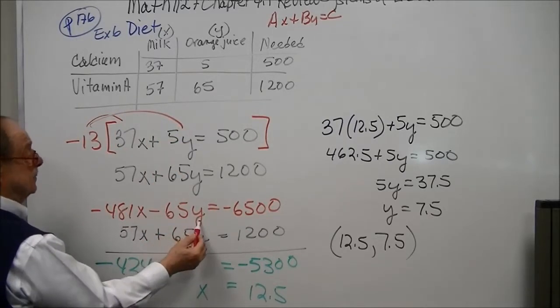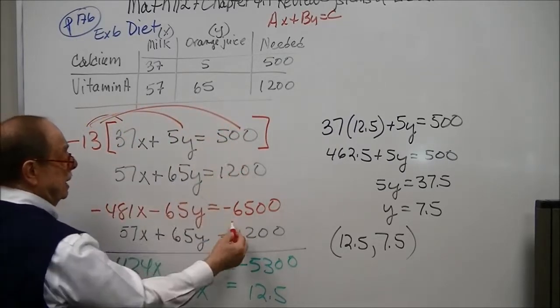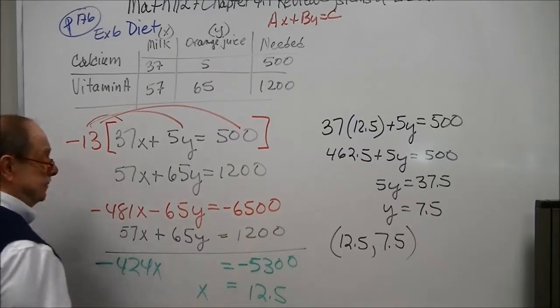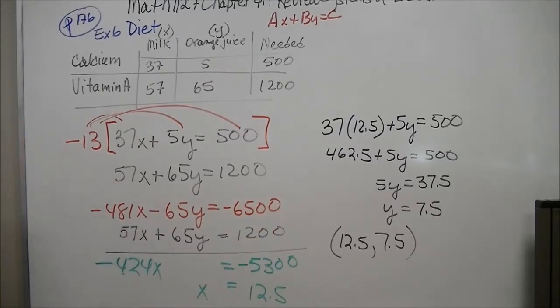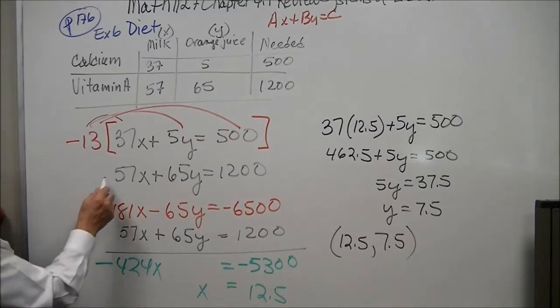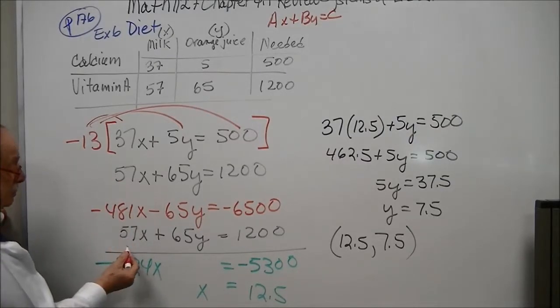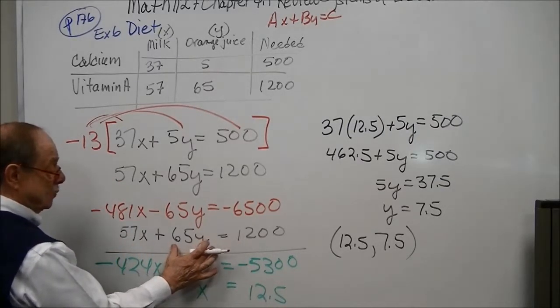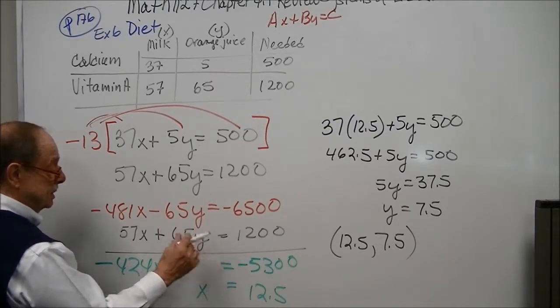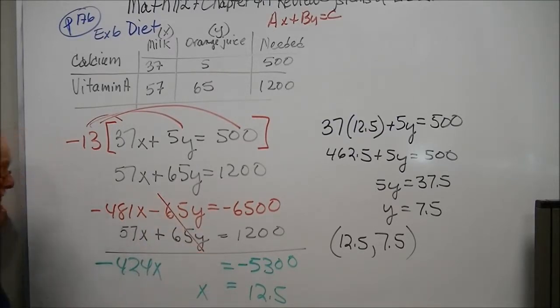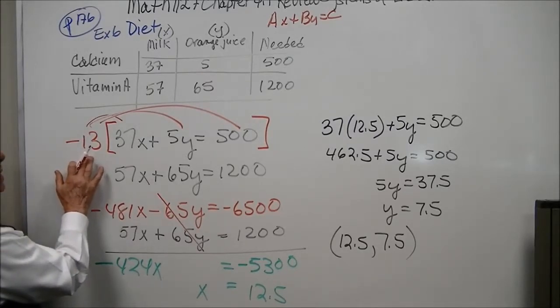Here's my negative 65y, and there's my negative 6500. But now, you notice when I rewrote equation 2 below it, I have one set of variables that will cancel out. That is, subtract out. And I only had to modify one equation.